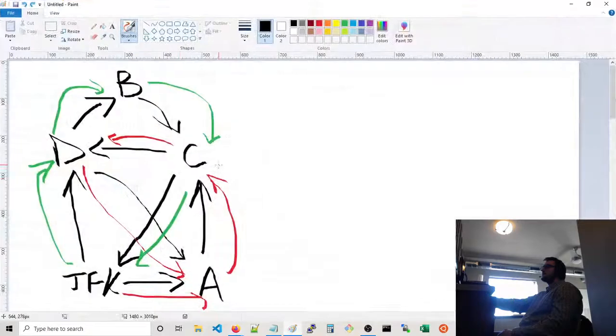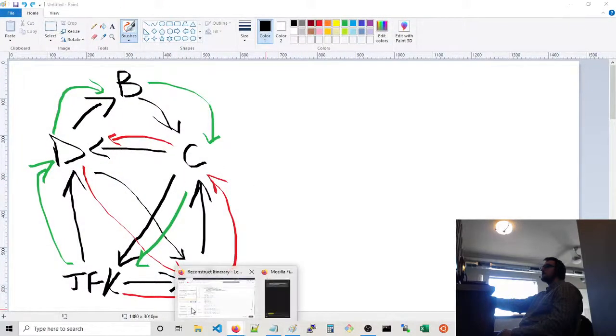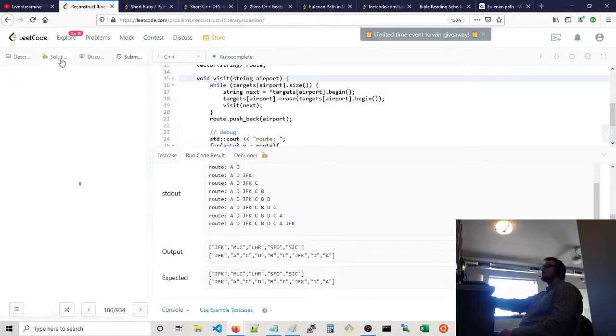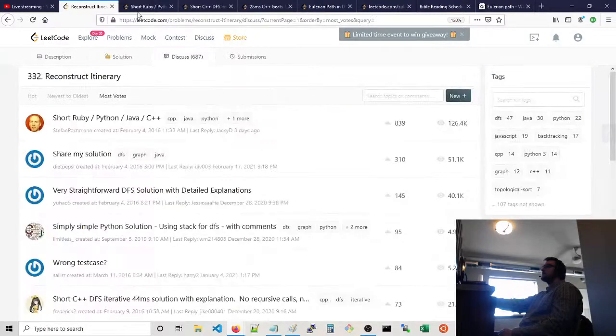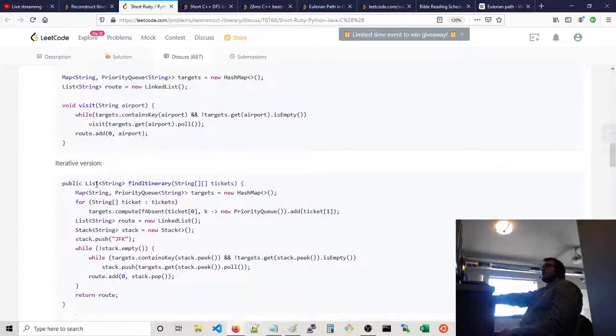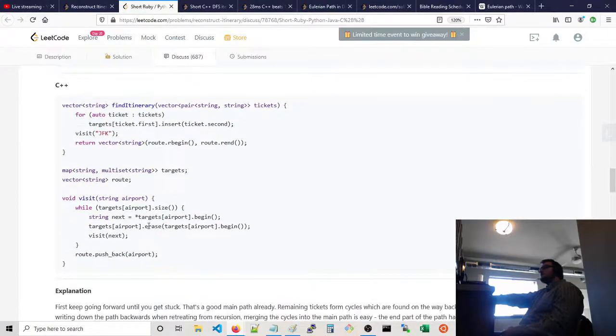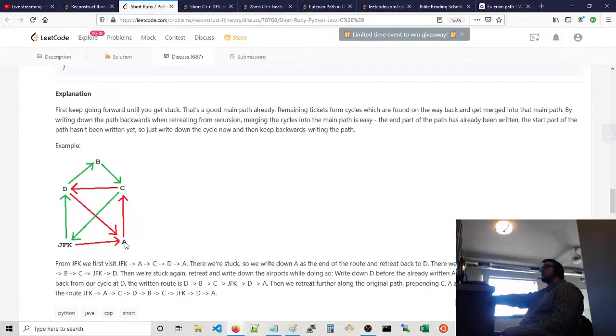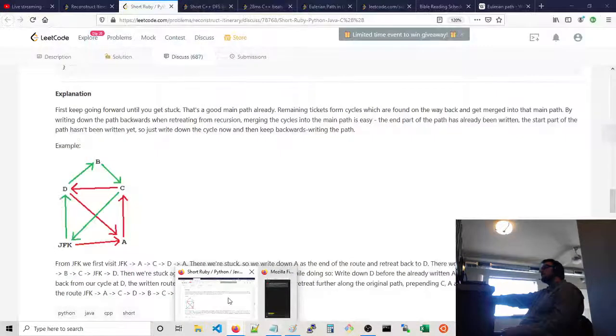So that was his explanation. I was saying, we append JFK at the end, then we append A at the end, then C, then D: JFK, A, C, D, which is exactly what I got.